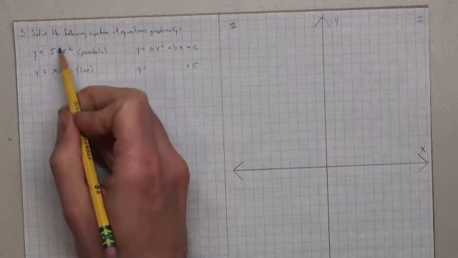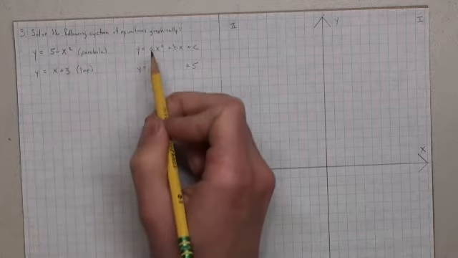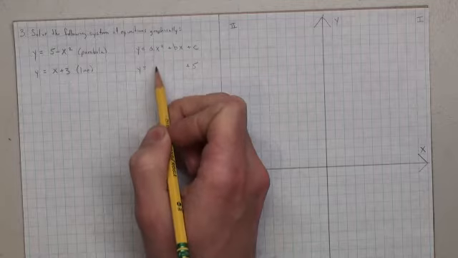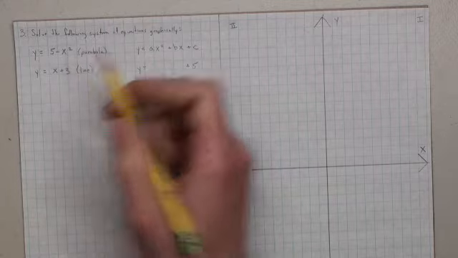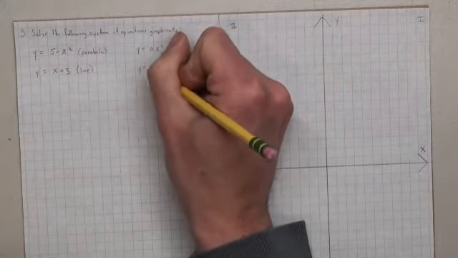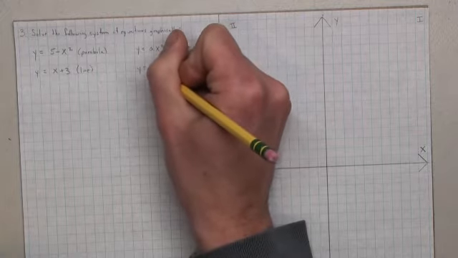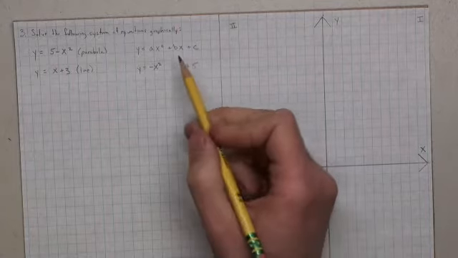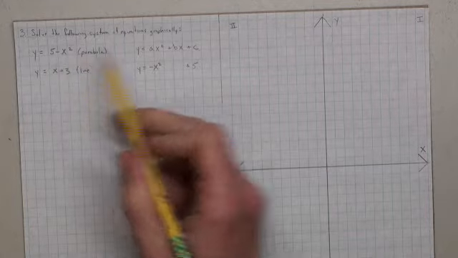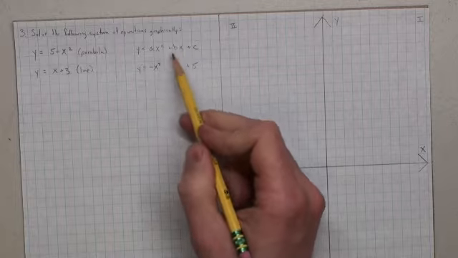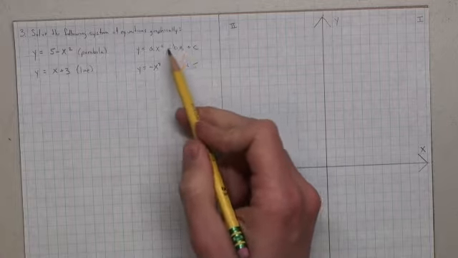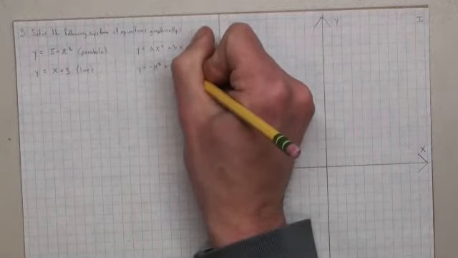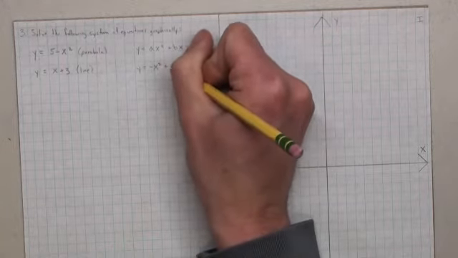Now we have a negative x squared, okay? And that goes where the ax squared part is. So underneath this ax squared part, I'm going to put this negative x squared. Okay. And now, I don't have any x term here, right? I don't have any term here for my plus bx. So what I put in here is plus 0x.